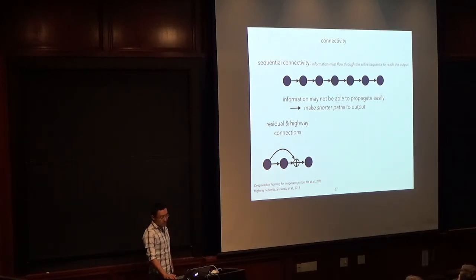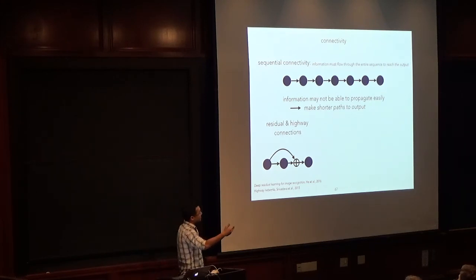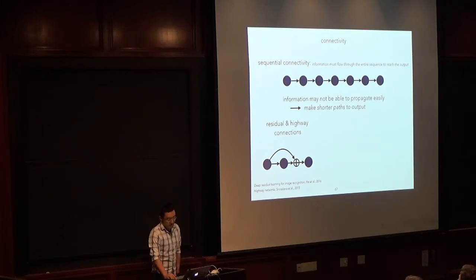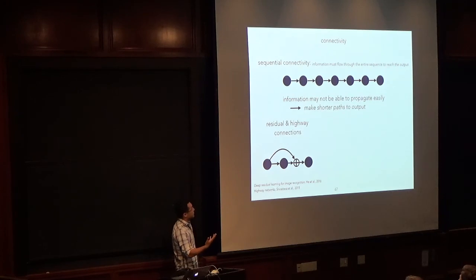This approach was able to scale neural net training from about 20 to 30 layers to about 200 layers by doing this residual connection. The reason is that this propagation of information is sometimes very hard. Even with a ReLU by itself, it's hard to propagate more than 20 or 30 layers.